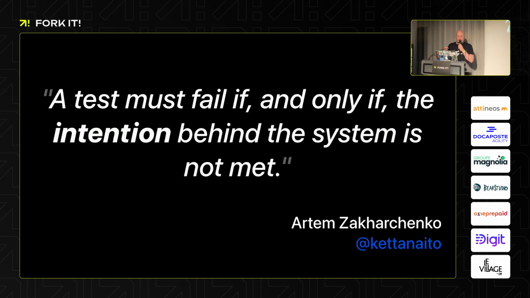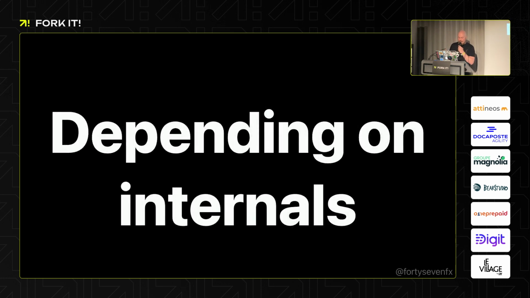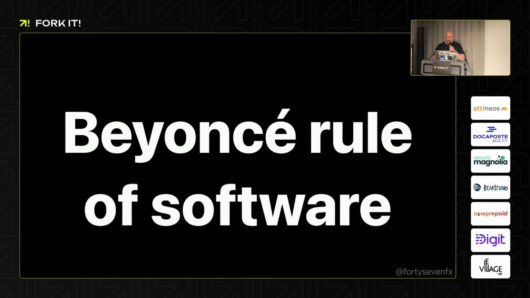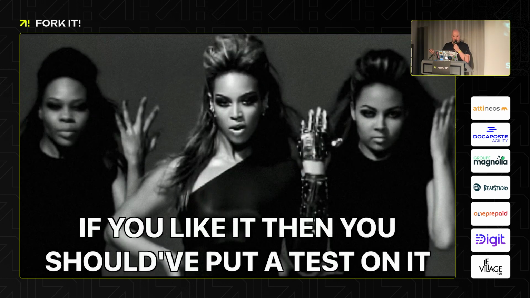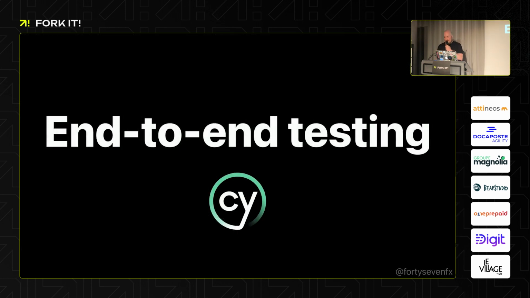So that means if the behavior is not correct. And because we are depending on internals, on the Next.js internals, we also need to follow the Beyoncé rule of software. If you like it, you should put a test on it. And so this is done mostly not with unit testing, but with end-to-end testing, with Cypress.